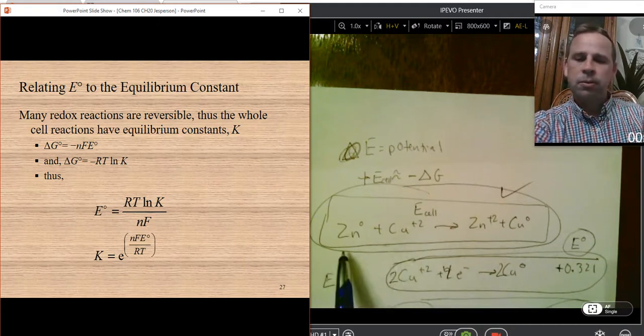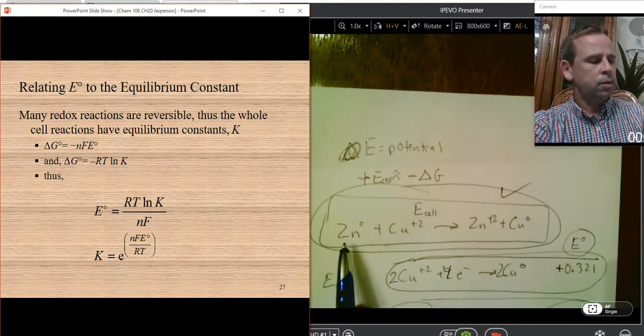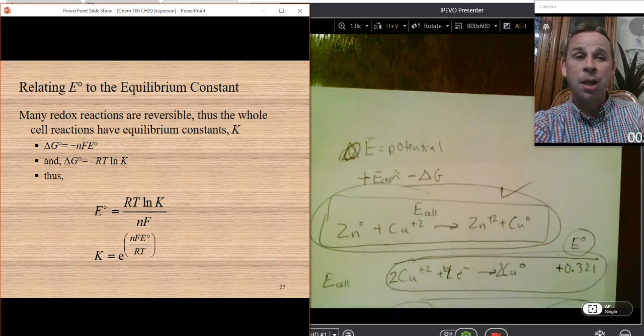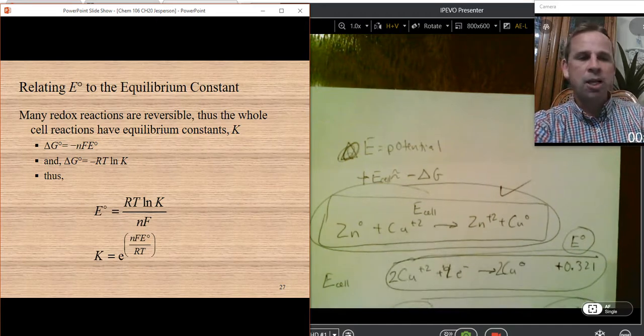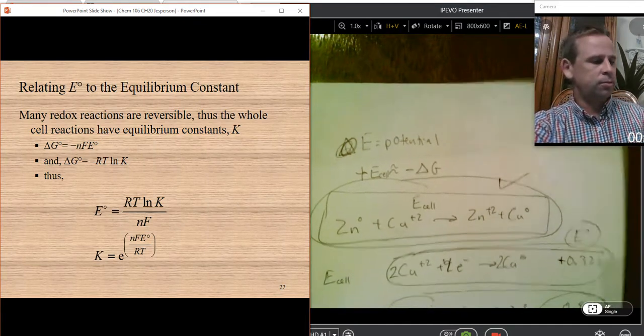All right. So I can see here that zinc is, we're looking for delta n, where n is the number of electrons transferred, right? So zinc here is losing 2, copper is gaining 2, so the delta n is 2.